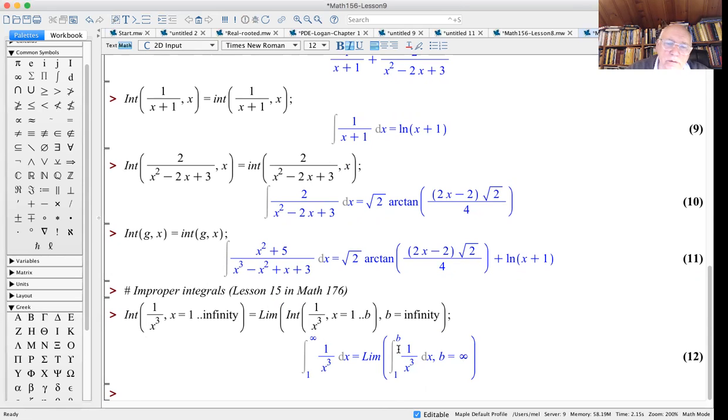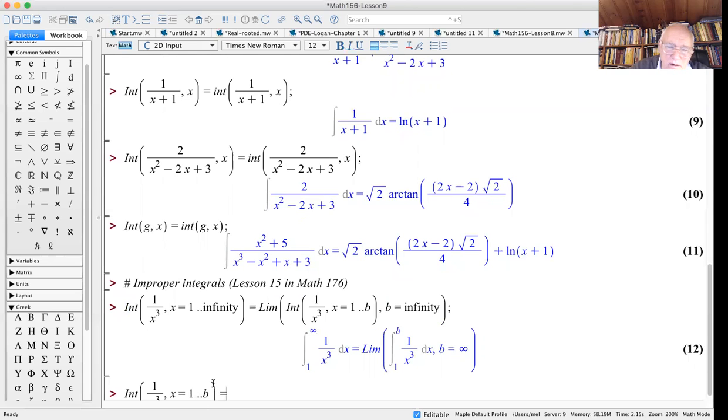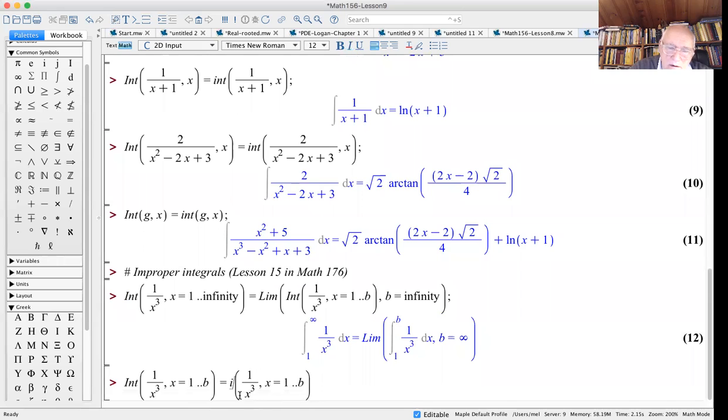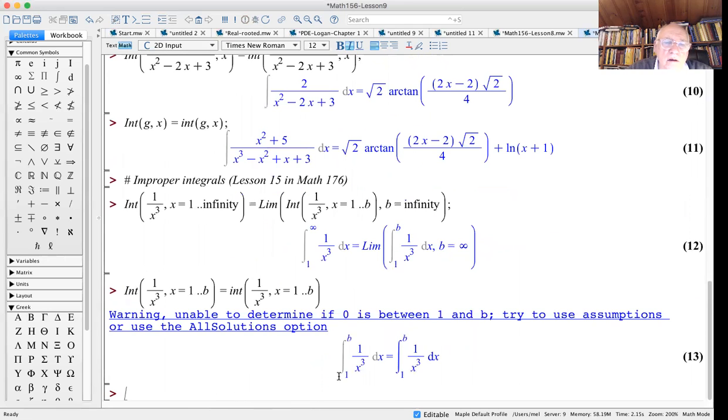So the way you would do this by hand, well, you can't calculate this because it needs to know what b is.